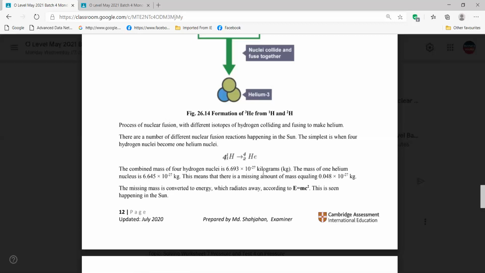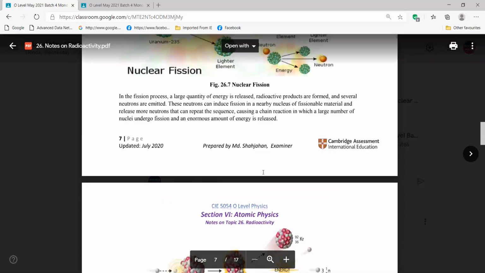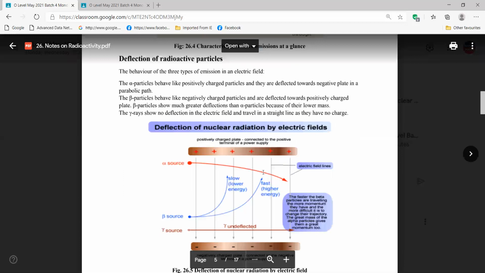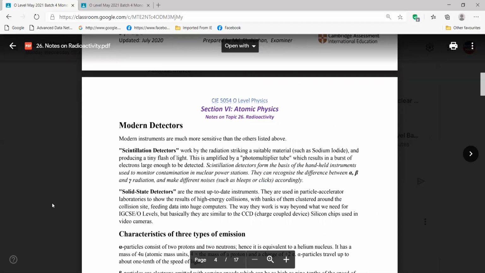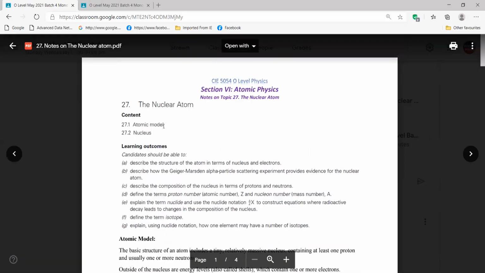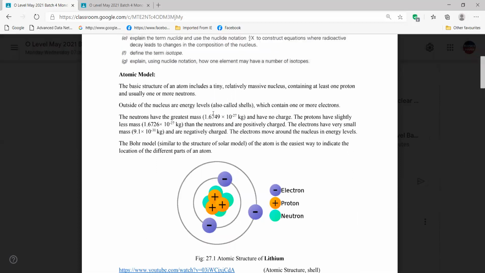If you check here at the beginning, look, the mass of neutron is 1.6749 into 10 to the minus 27.